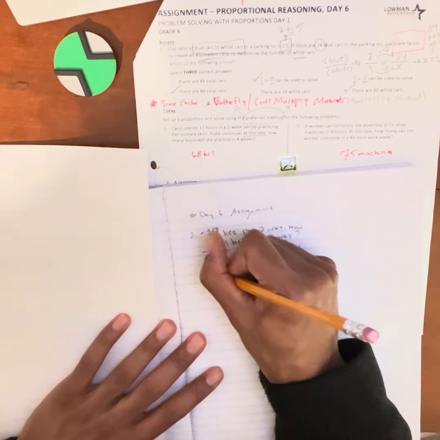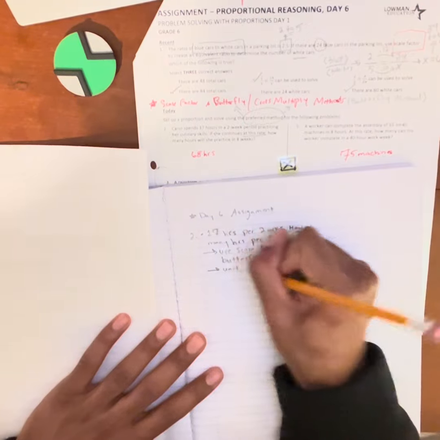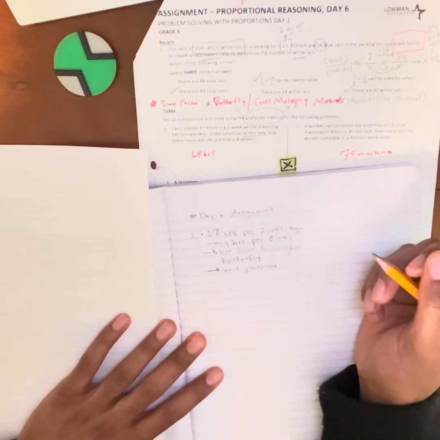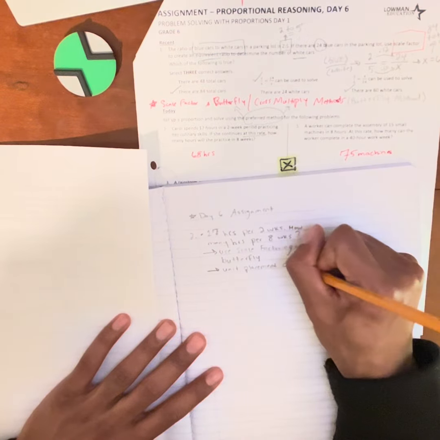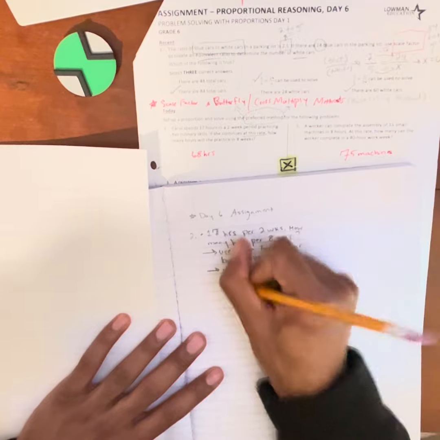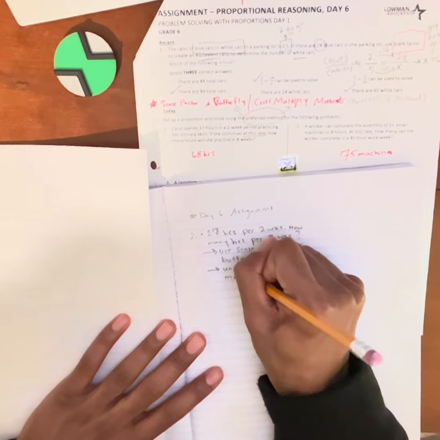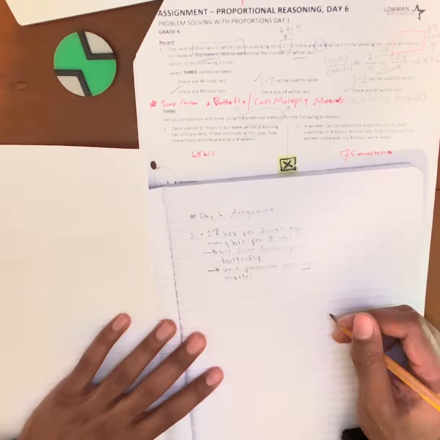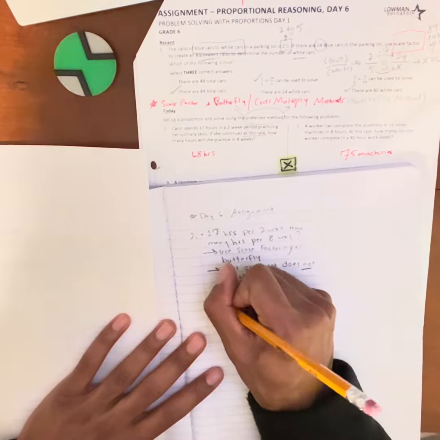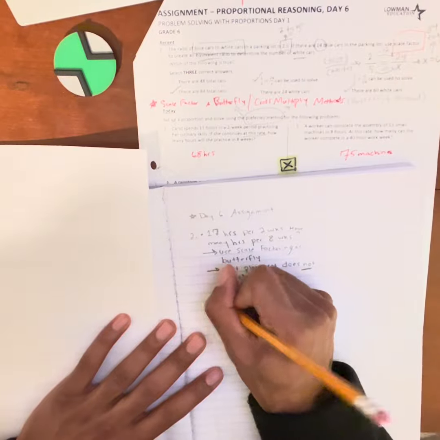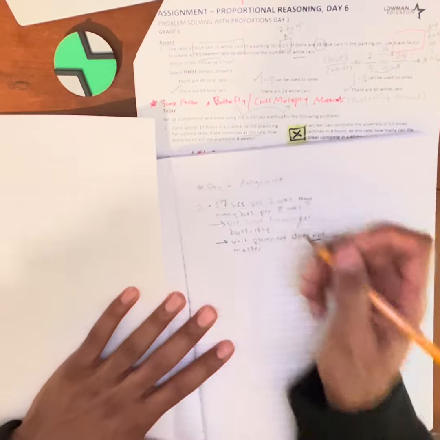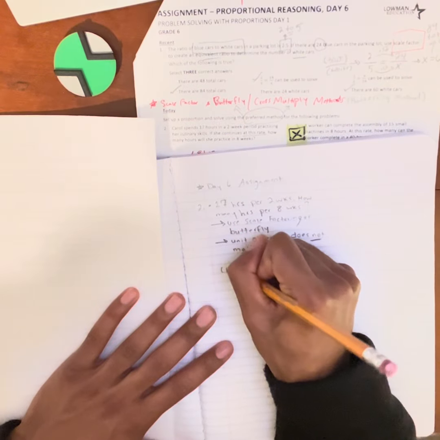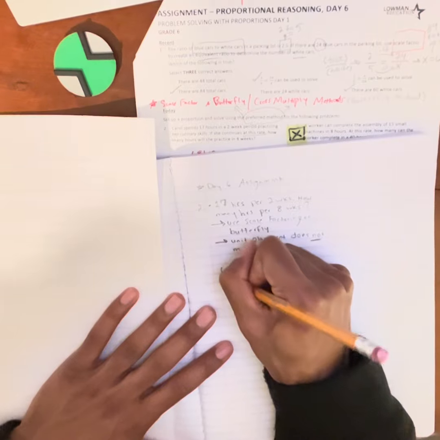Also, I want to add that our unit placement does not matter. Arbitrarily, or just because I want to, I'm going to put hours on the top and weeks on the bottom.